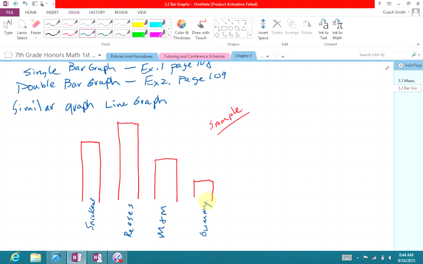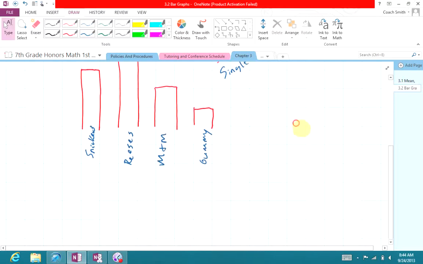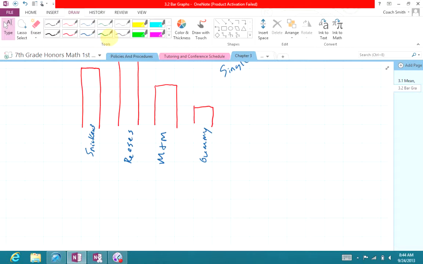So bar graphs visually give you a detailed item and make it real easy to see. We don't even have to have the numbers. Now, bar graphs will have the numbers, but you really don't have to. You can just see it visually, okay? Now, this would be a single bar graph, okay? A double bar graph is going to look like this.